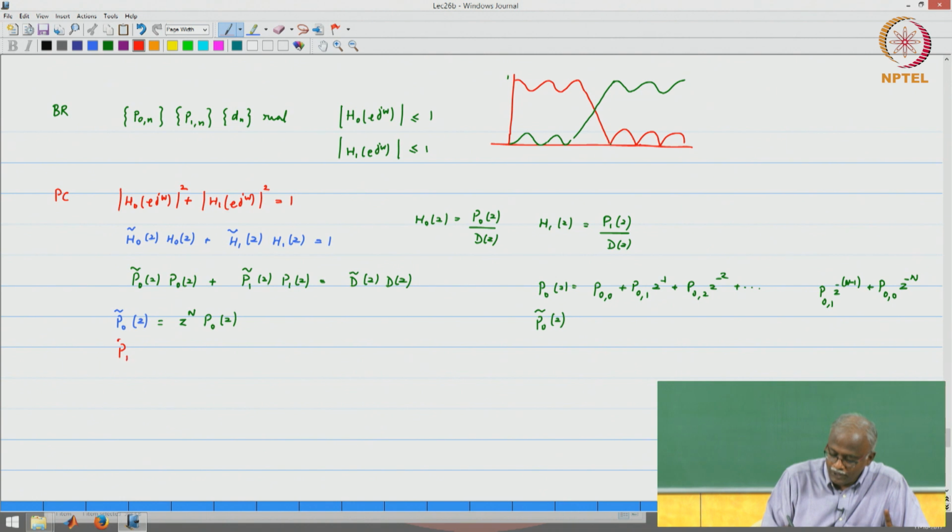Similarly, P1 tilde of z has the same type of relationship, but now there is a minus sign because of the anti-symmetry. So this can be written as minus z to the power n P1 of z.